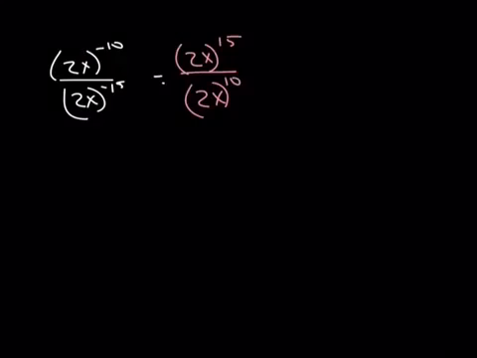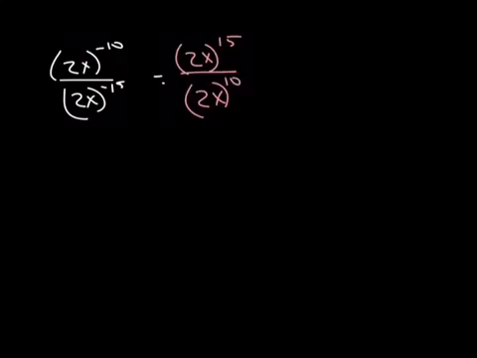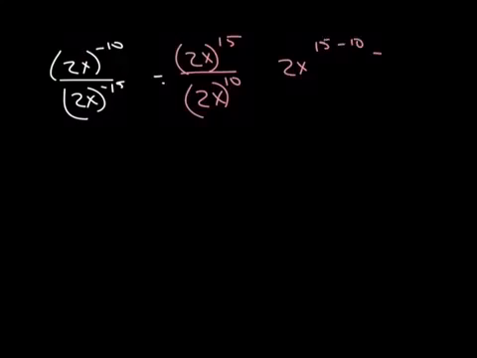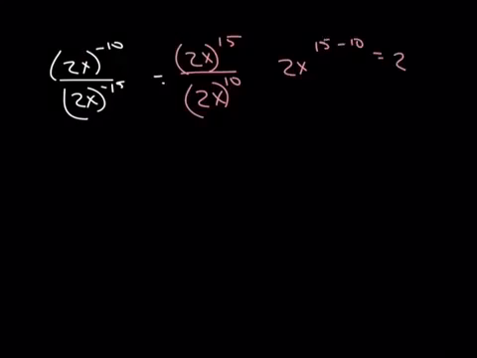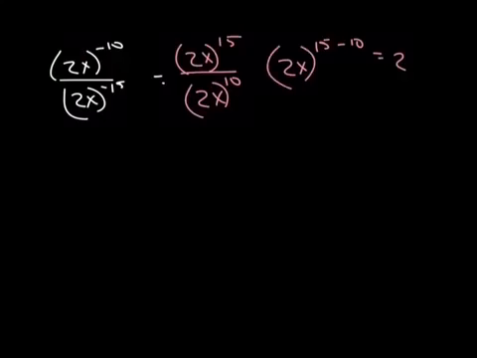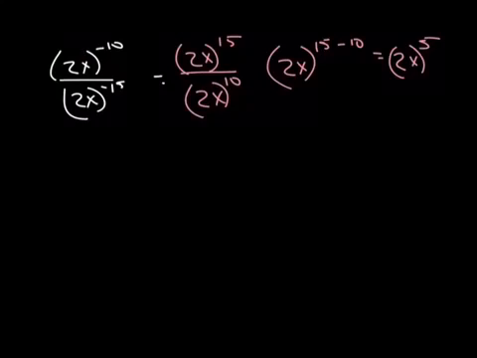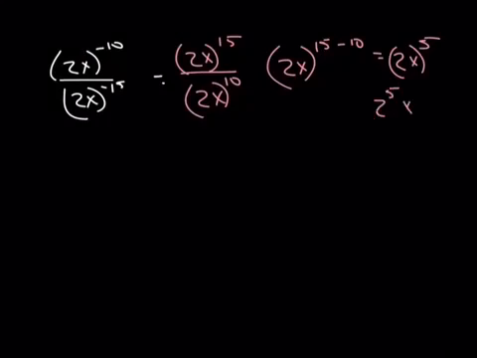Okay? Now I can do either 2x to the 15 minus 10, and let me put parentheses here, equals 2 to the 5th x to the 5th. 2 to the 5th is 2 times 2 times 2 times 2 times 2, so 32 x to the 5th.